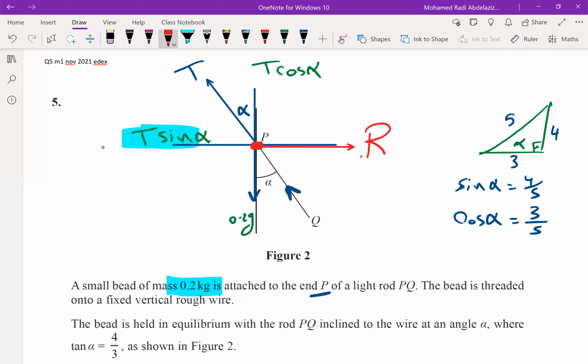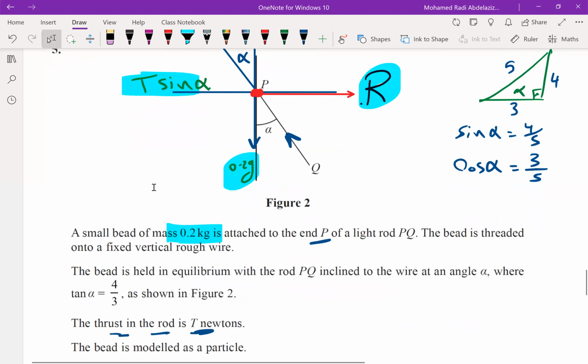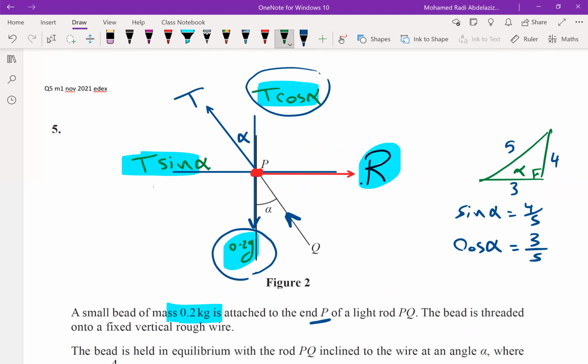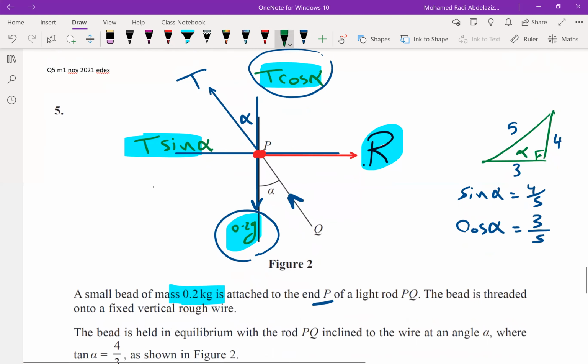Resolve it horizontally and vertically, T cosine alpha and T sine alpha, normal reaction and weight which is acting down. What else? We have a frictional force, but where is its direction? The system is in equilibrium, so you have to calculate the value which is acting up and the value which is acting down. So the frictional force will balance with the lower one.